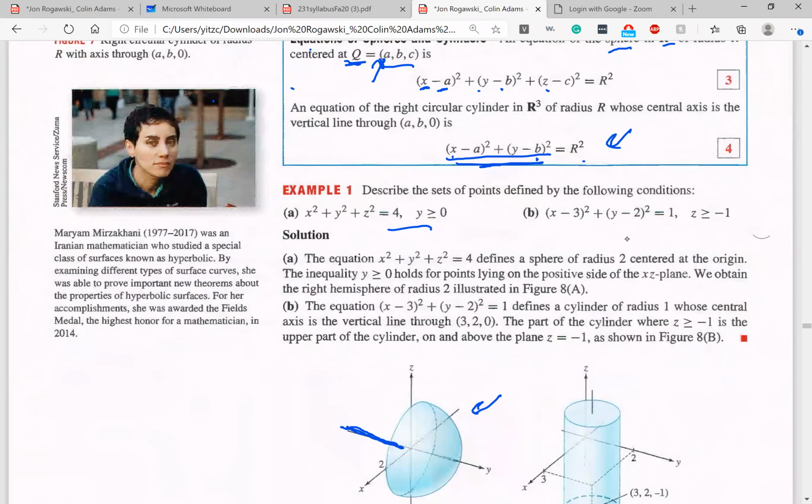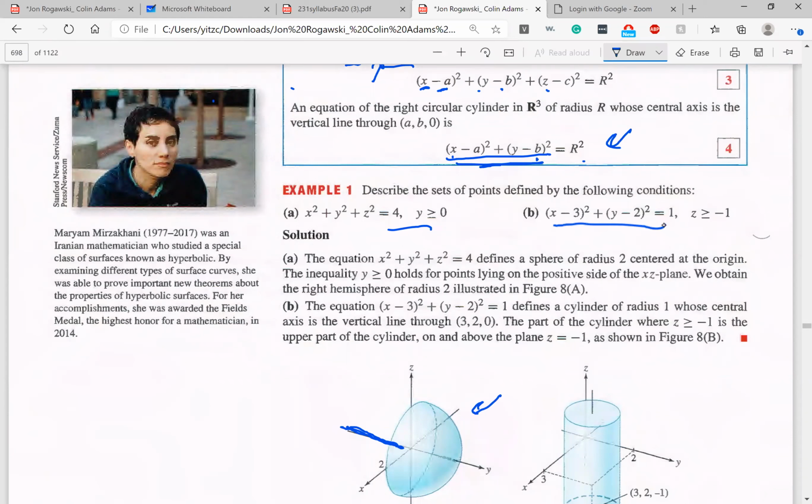And then for B, they just give us this. So this clearly looks like a cylinder centered at 3, 2 with radius 1. And then they want z to be bigger than negative 1.